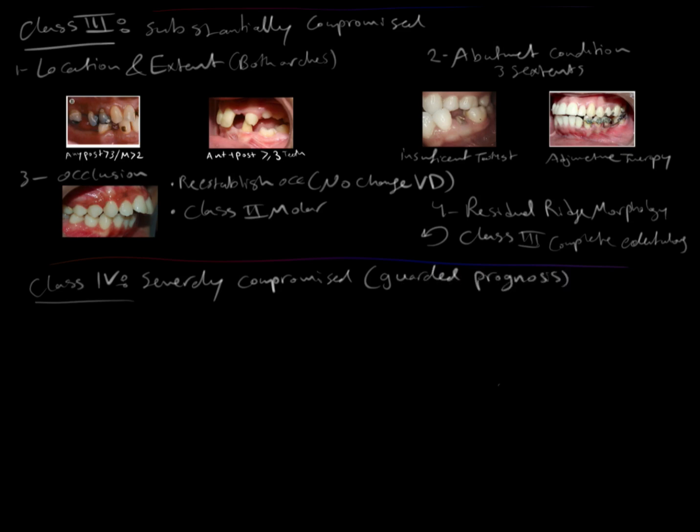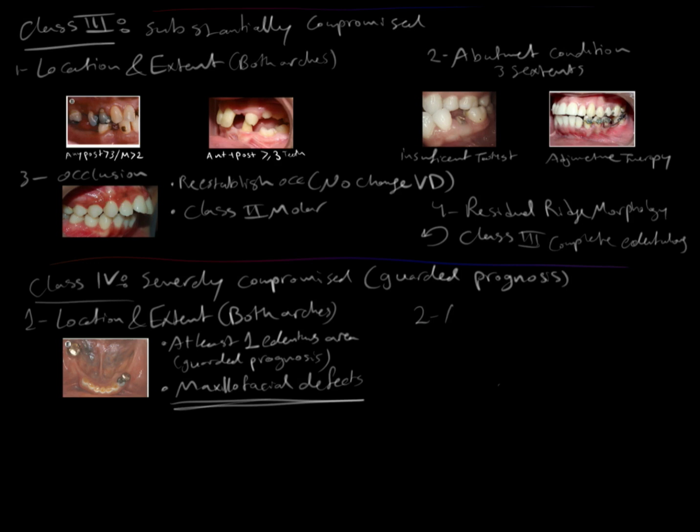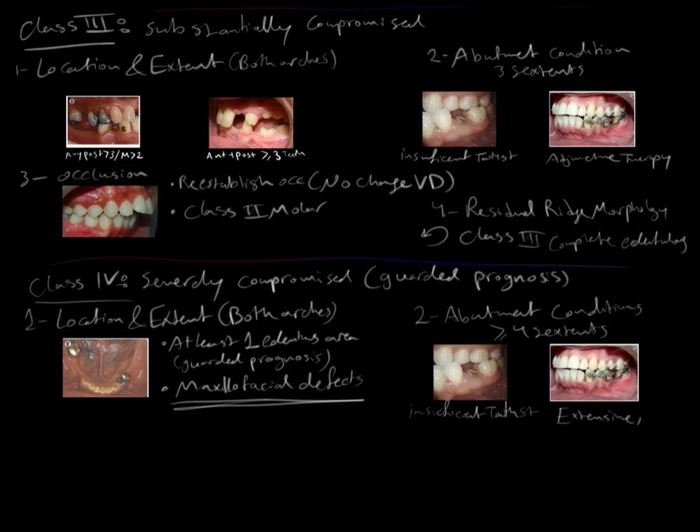Class 4, severely compromised with guarded prognosis. The location and extent of edentulous area compromise the physiological support of abutment teeth to create a guarded prognosis, including acquired or congenital maxillofacial defect. Abutments in 4 or more sextants have insufficient tooth structure or require extensive localized adjunctive therapy.